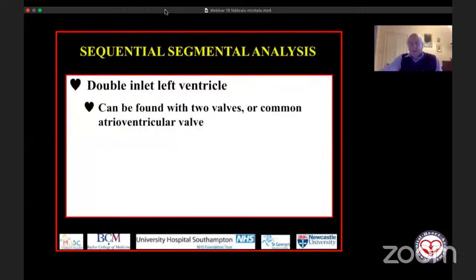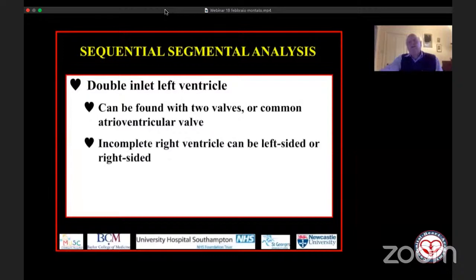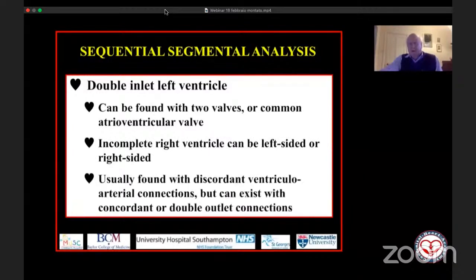But let's look at this in a little more detail, because when we have double inlet left ventricle, again, the valves guarding the junction can modify the type of connection. So we can have two valves, we can have a common valve. We also know that the incomplete right ventricle can be left-sided, which is usually the case, but can be right-sided.